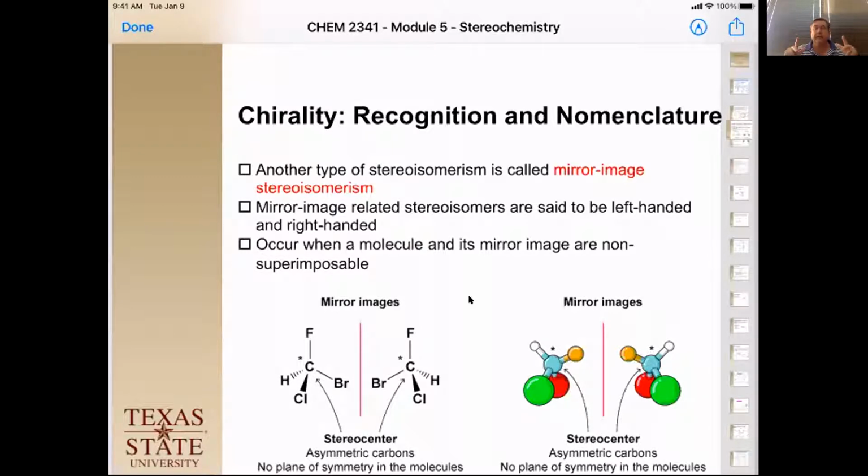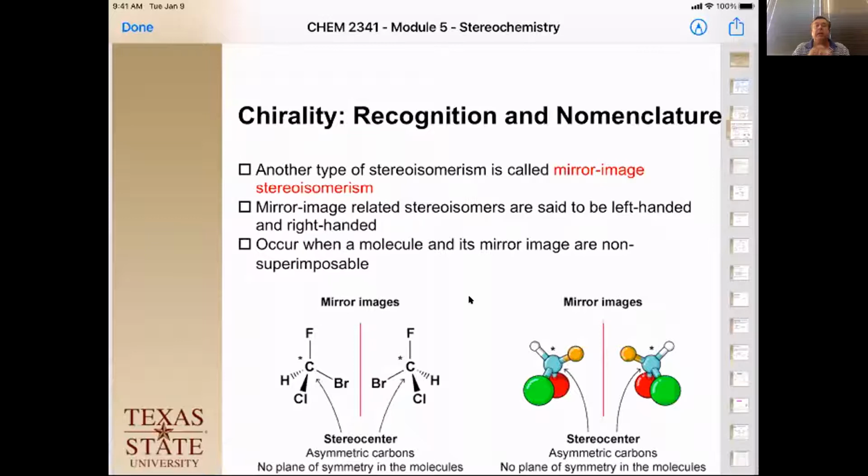Chira is handedness. So if we think about it, when we have these things that have free rotation, we can prove they're fixed in space because of what we call stereoisomerism. And we can prove stereoisomerism to ourselves by drawing the mirror image of the molecule and then seeing if we can superimpose them on each other.